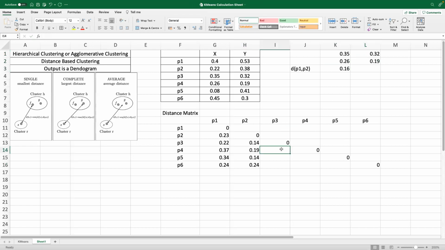So it is 0.16. Similarly, for P5, 0.08 and 0.41. This will be 0.28. Similarly, this would be 0.45. This will be 0.30. This will be 0.10.